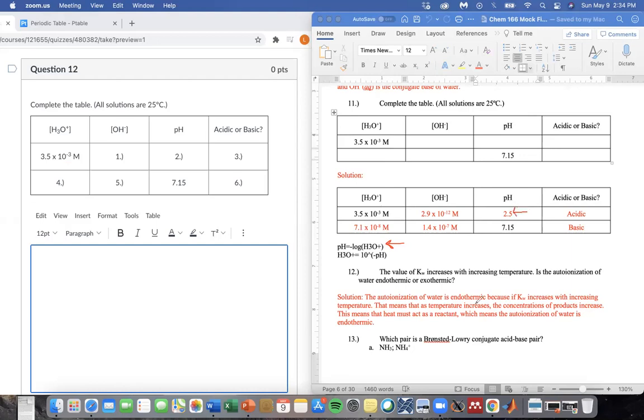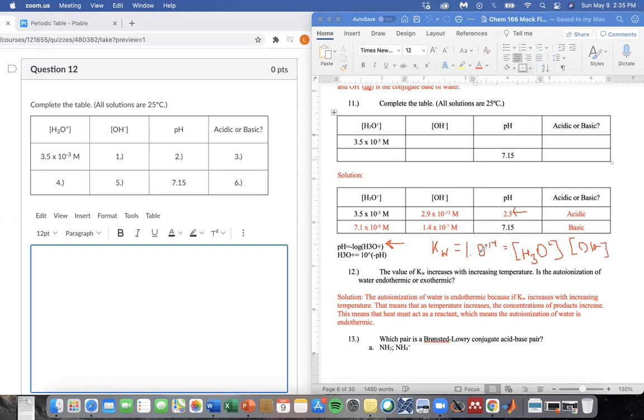Then to solve for the OH concentration, if you remember, Kw, which equals 1 times 10 to the negative 14th, equals the concentration of H3O plus times the concentration of OH minus.